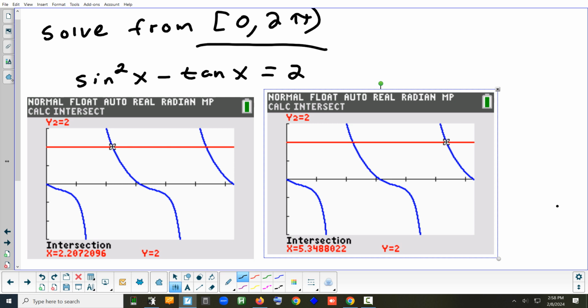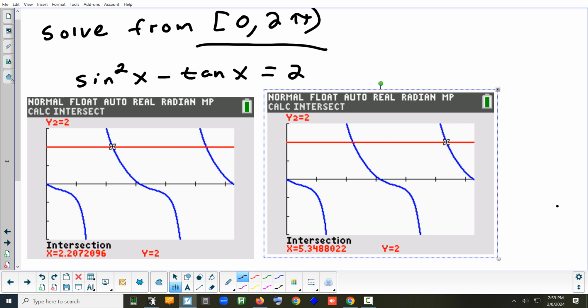What's the period of sine squared? Would be 4 pi? No, it's not 4 pi. It's sine to an even power. Sine to an odd power is 2 pi.